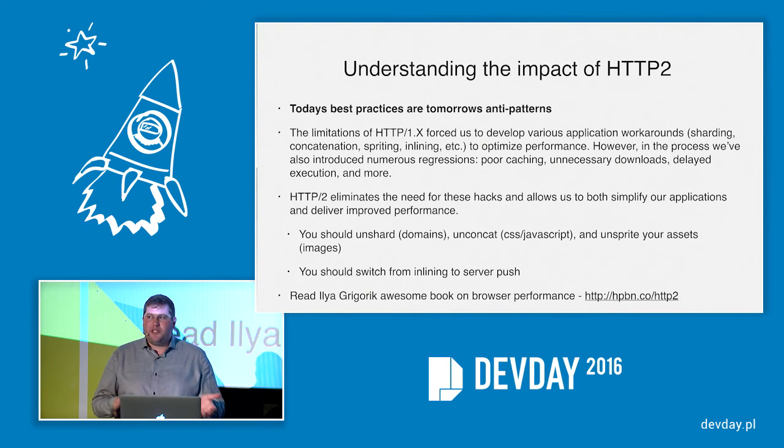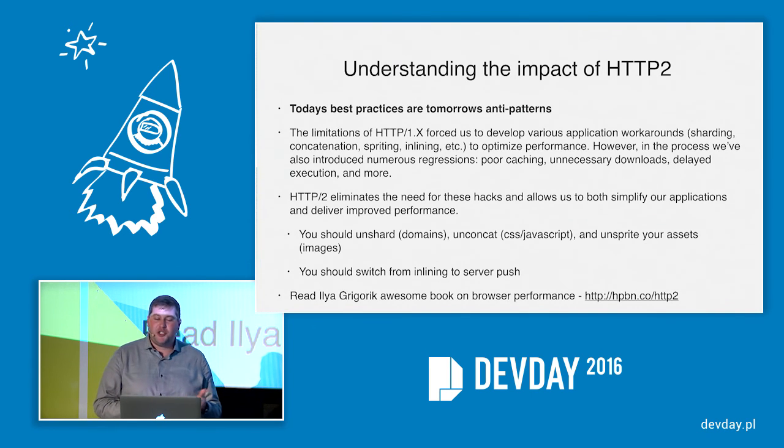And then in an HTTP2 world, things are very different. And the reality is that today's best practices are tomorrow's anti-patterns. So all the things that I just talked about, using compression, combining your assets into a single file, minifying them, these are actually anti-patterns in the HTTP2 world because HTTP2 is built to solve these problems.